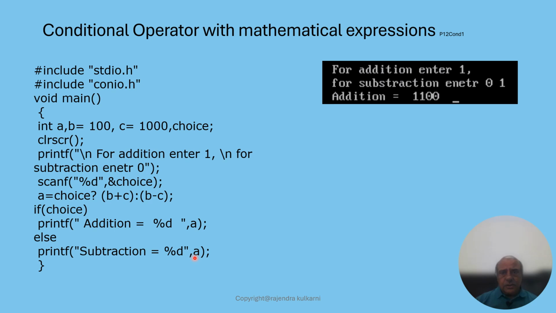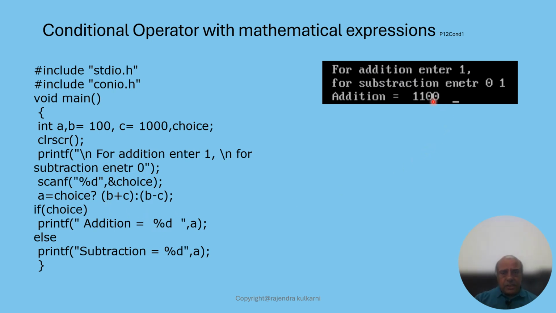Now this is the screenshot. I ran this program first with 1 as my choice. This caused choice to be 1, and addition, B plus C, got executed.